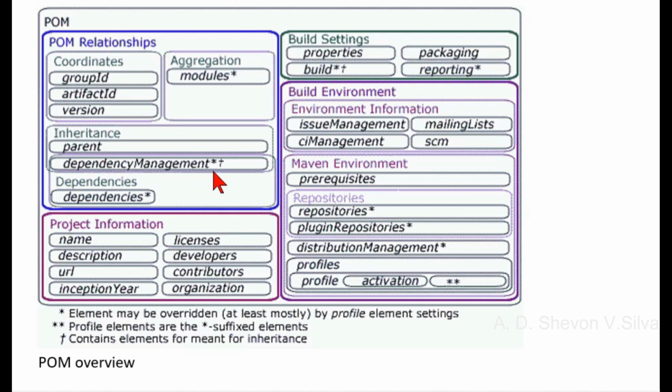If my-parent project uses dependency management to define a dependency on JUnit:4.12, then POMs inheriting from this one can set their dependency giving the group ID equal to junit and artifact ID equal to junit only, and Maven will fill in the version set by the parent.